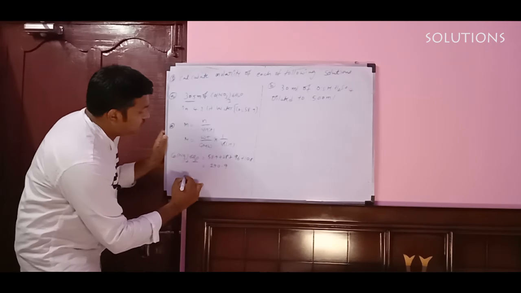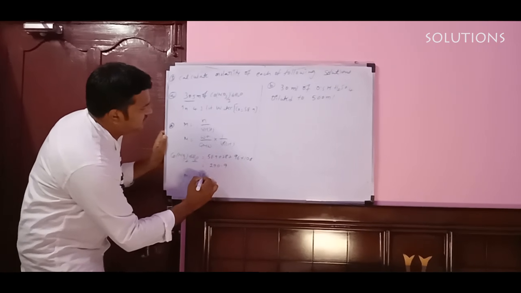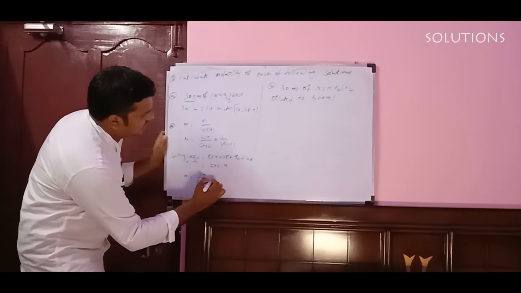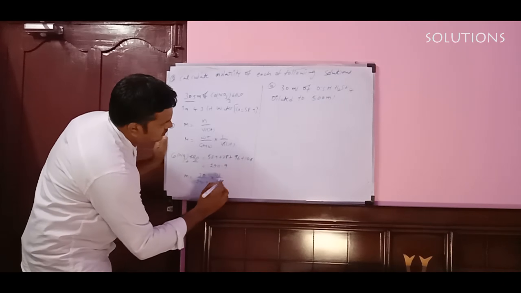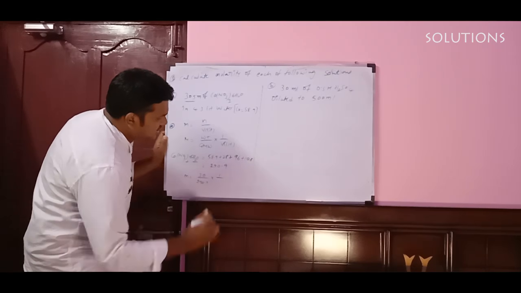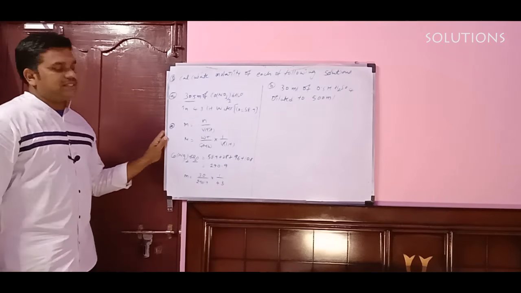Clear? Now molarity is equal to the weight given, 30, by the gram molecular weight, 290.9, into 1 by the volume, which is 4.3 liters.